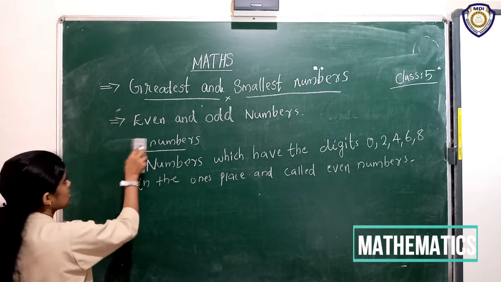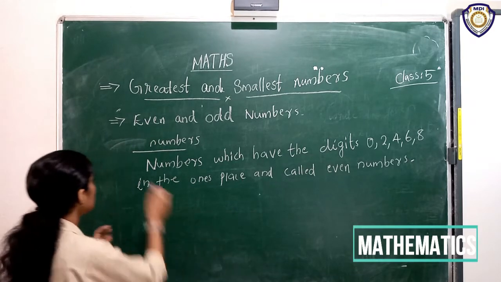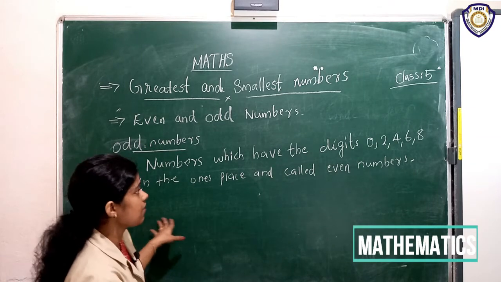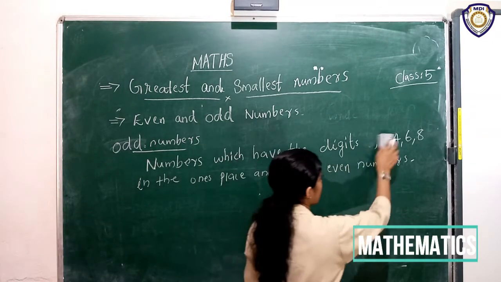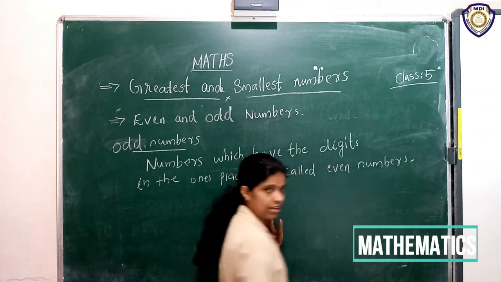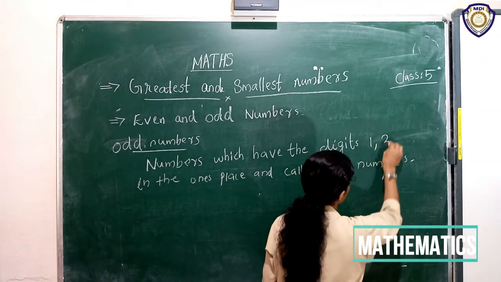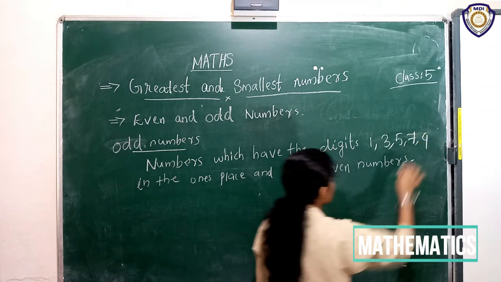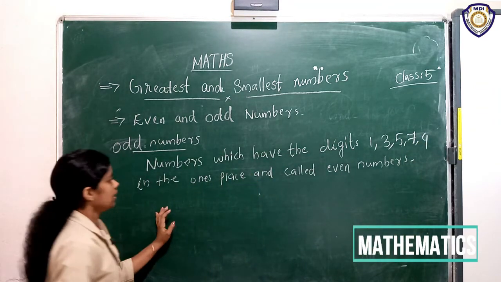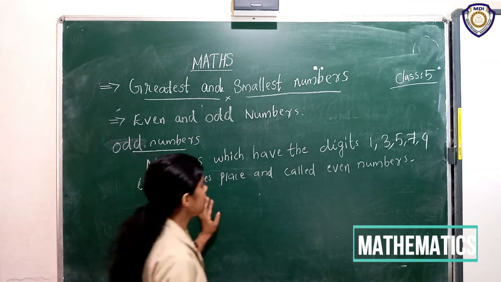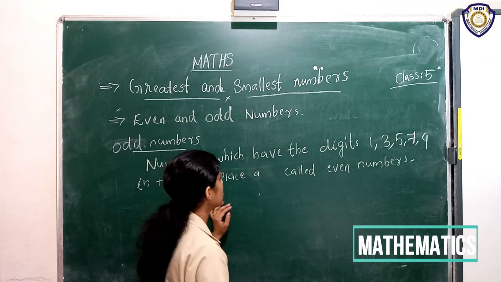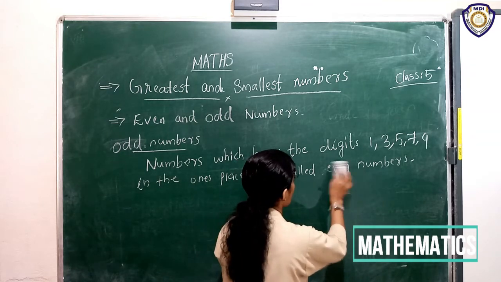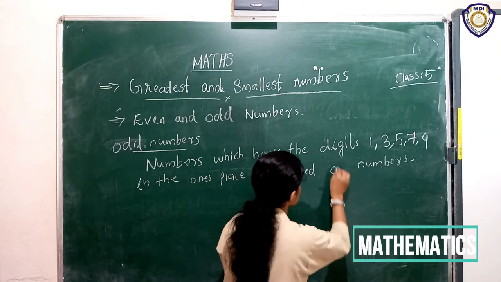Odd numbers. The numbers which have the digit 1, 3, 5, 7 and 9 in the ones place are called odd numbers.